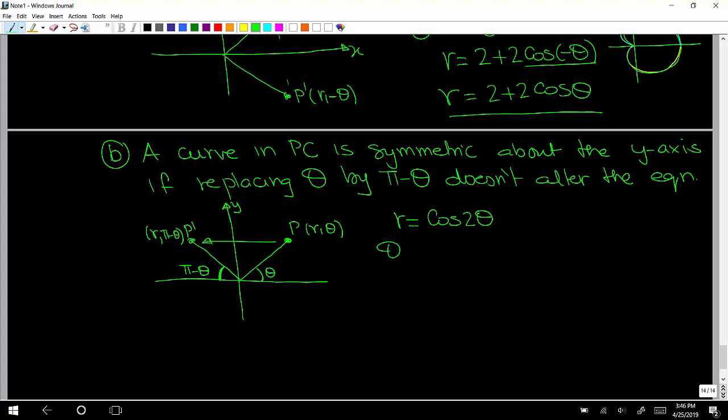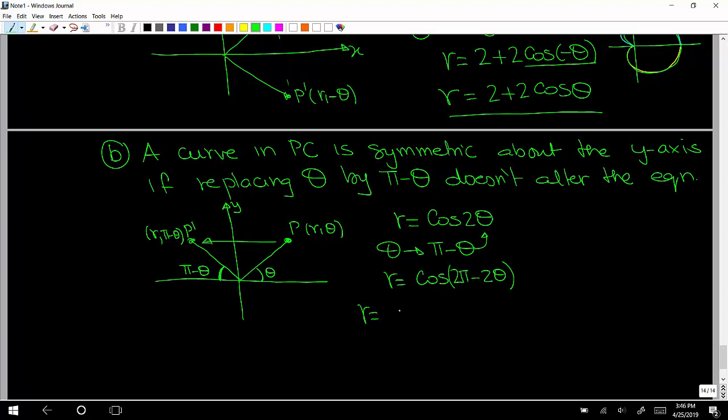So now we're going to change theta to pi minus theta and see if it gives us the original equation back. So we get r is equal to cosine of 2 pi minus 2 theta. So I'm replacing the theta with this and distributing the 2.